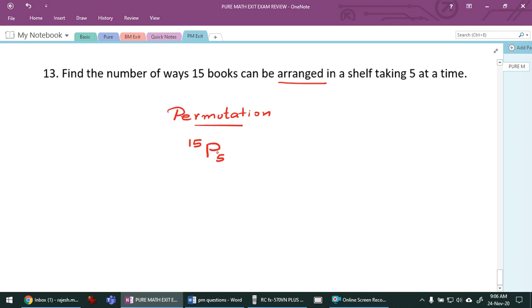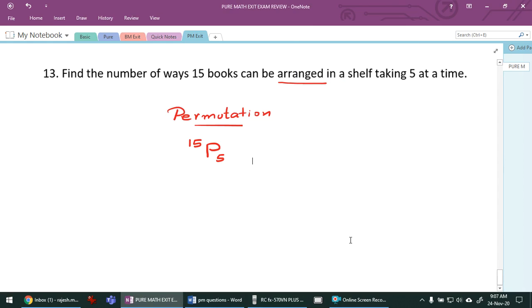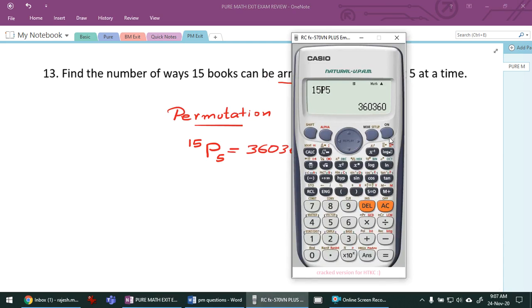How will you find the permutation 15P5? Open the calculator. You have to press 15, then shift and into, then 5. The answer is 360,360.